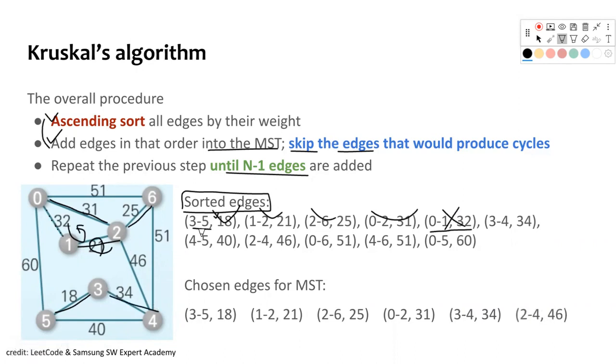And we're also skipping this one because it's going to create a cycle like this, 4 and 5. So we're skipping this one. And we choose the next one like this. So in this way, we can connect all the vertices using the minimum weight. So it's a pretty simple algorithm when you just look at this figure.